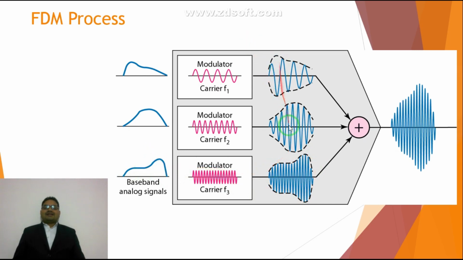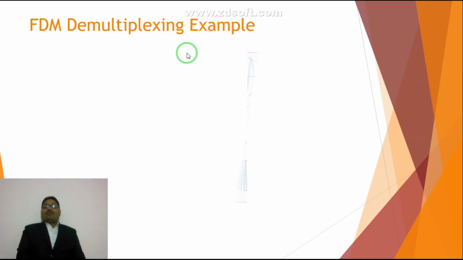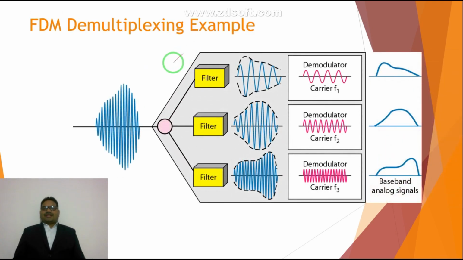So these are the three modulated signals. Then these modulated signals are added to form what? A composite signal. And this composite signal is transmitted through a shared bandwidth or shared link. So it all happens at your transmitter side. That is FDM multiplexing. Now we will see the demultiplexing, how it occurs at your receiver side.